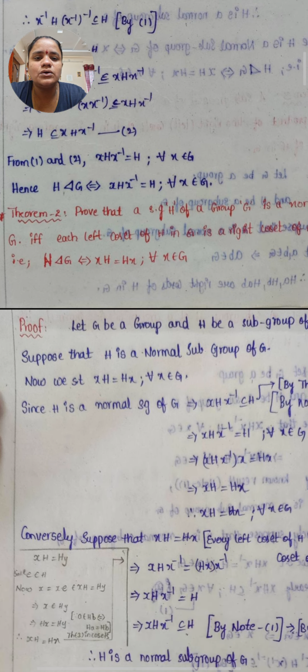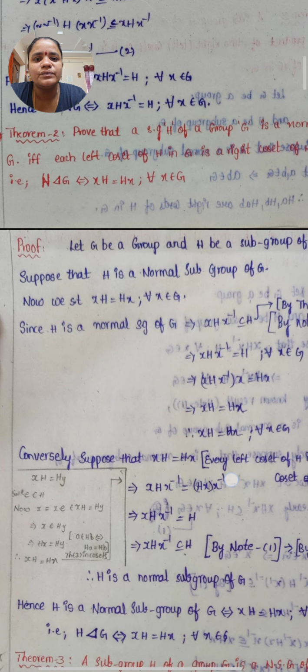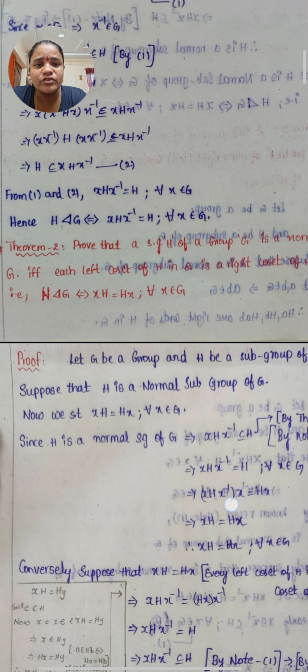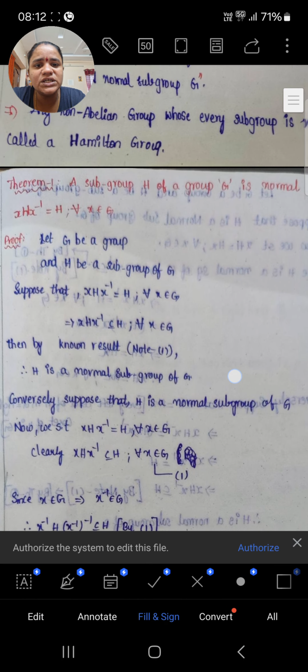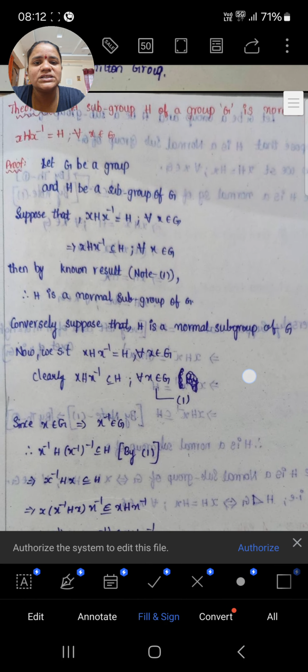Therefore from 1 and 2, xHx⁻¹ is equal to H for all x belongs to G. Therefore H is a normal subgroup of G if and only if xHx⁻¹ is equal to H for all x belongs to G. So this is the proof.